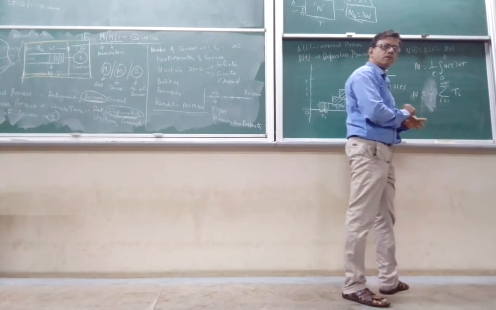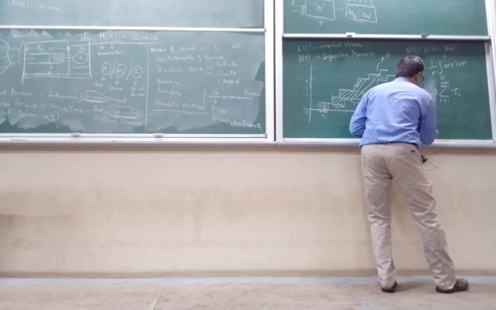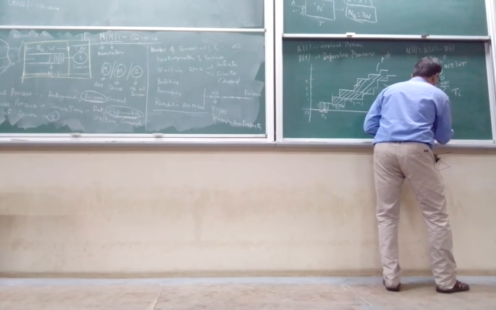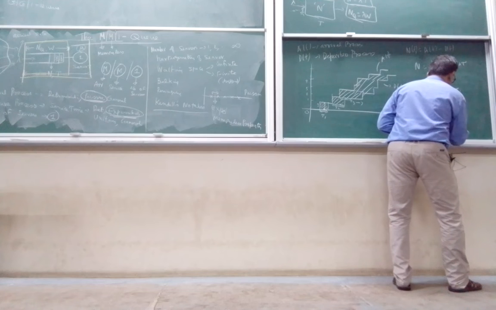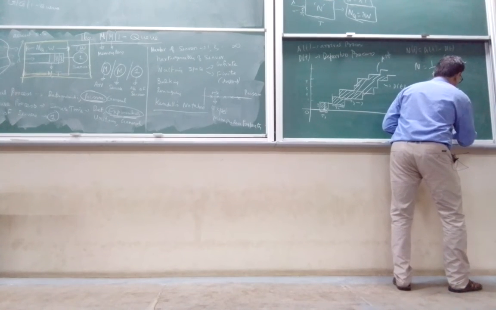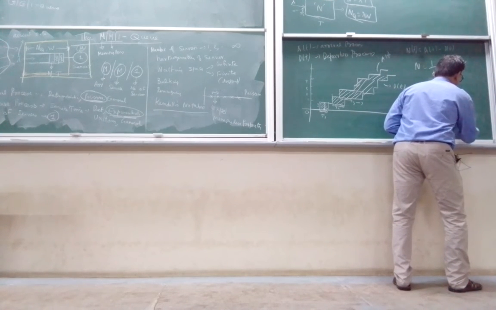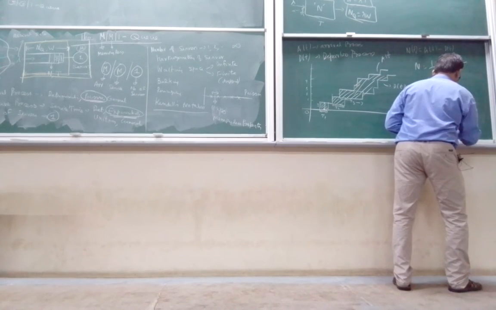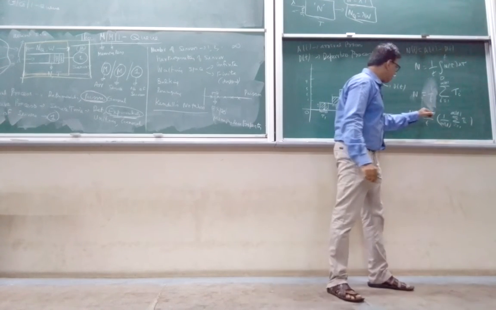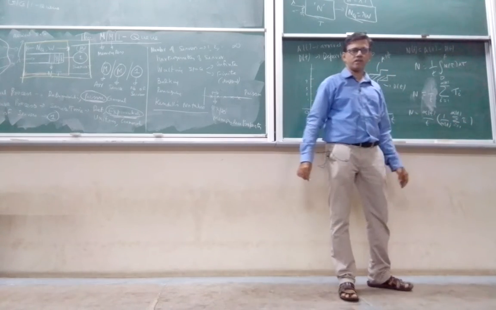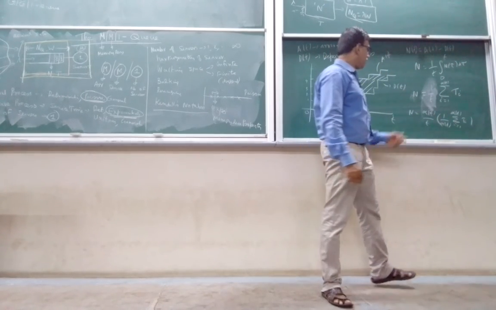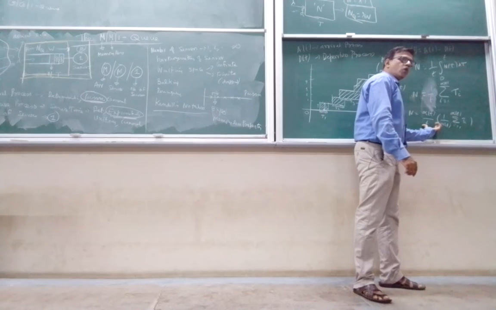Is this clear? Now we can rewrite it. I will put alpha t by t into 1 by alpha t into sigma i equal to 1 to alpha t Ti. We just multiply it and divide it by alpha t. So what is this quantity?